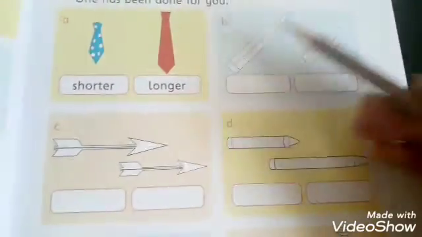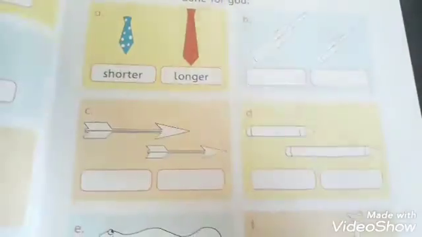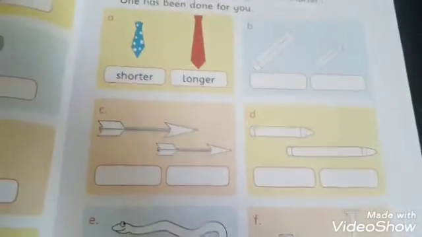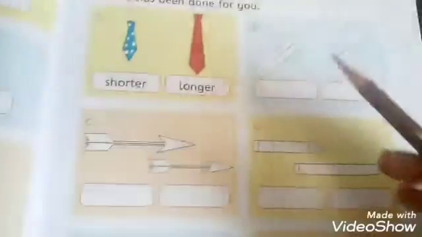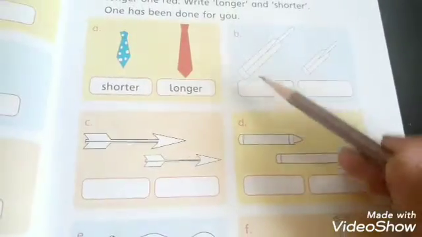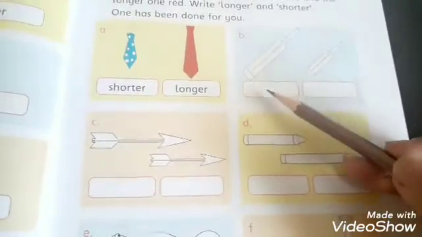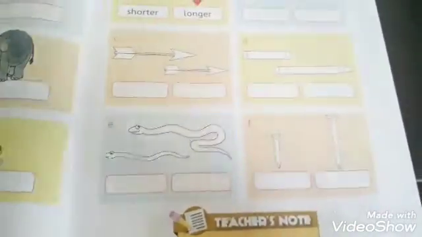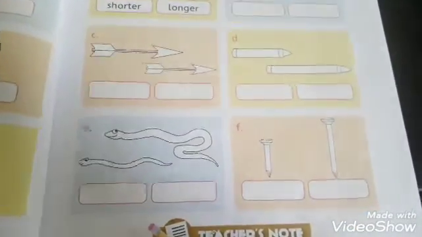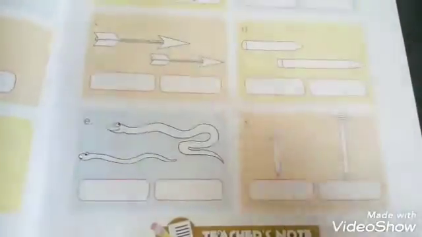Same in the next one. Here is a shorter bat and here is a longer bat. So you will recognize the shorter and longer objects, and then you will write in these blanks.